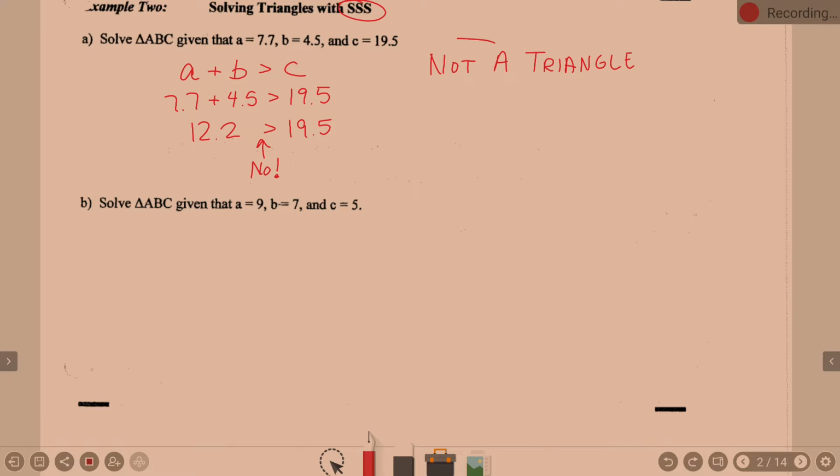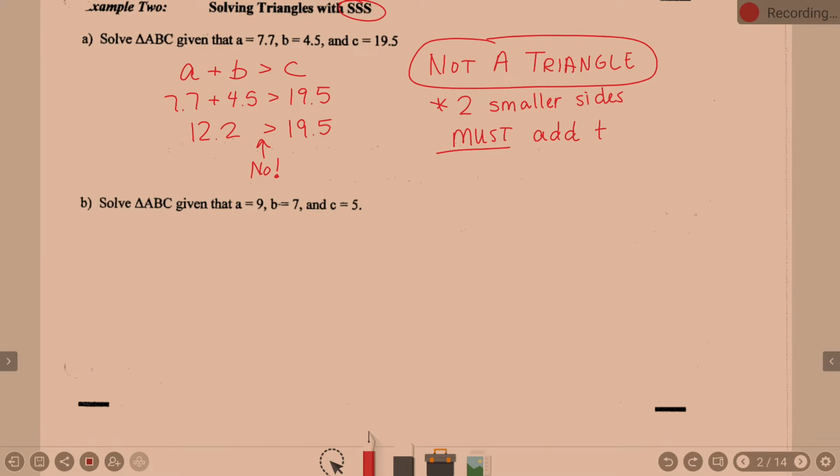So, not a triangle. I'm going to write myself a note: why was this not a triangle? Two smaller sides must add to be larger than the third side, or larger than the longest side, largest side.